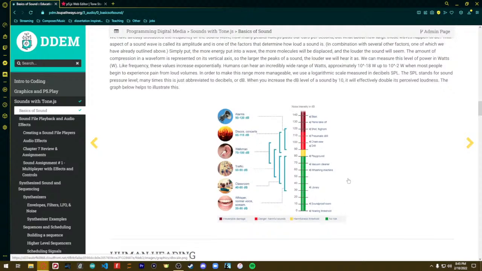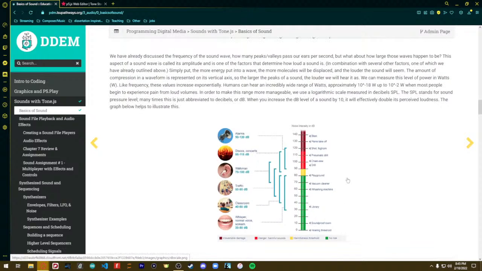Okay, so I'm at more or less a normal volume now. We measure this in decibels, all right? And decibel can be a confusing kind of way to measure things because it can be used for different things, but generally we're describing the sound pressure level. That's what SPL stands for up here.